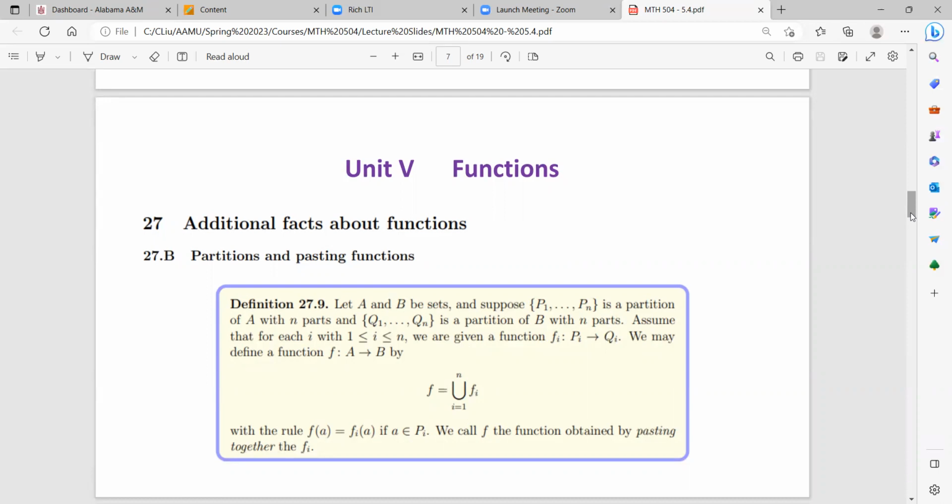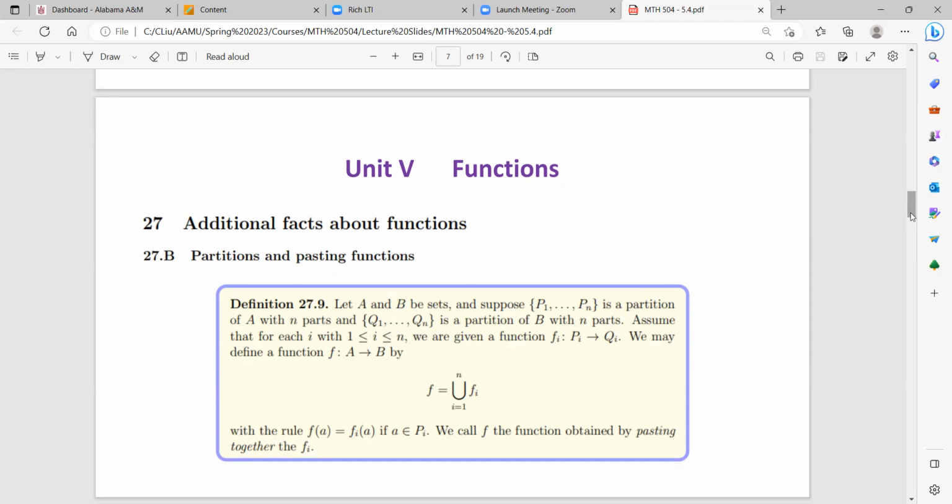So P1, P2 up to Pn is a partition of A, and Q1, Q2 up to Qn is a partition of B. If you still remember what partition of a set means, it means you divide the set into multiple parts.